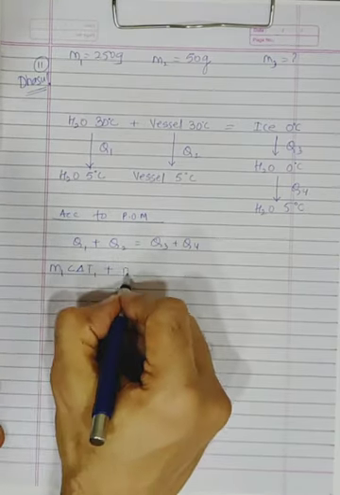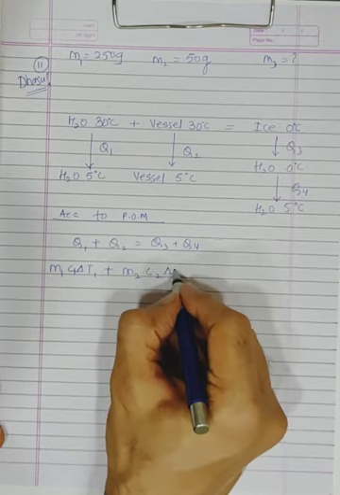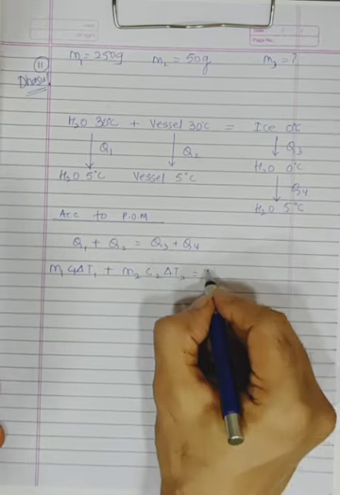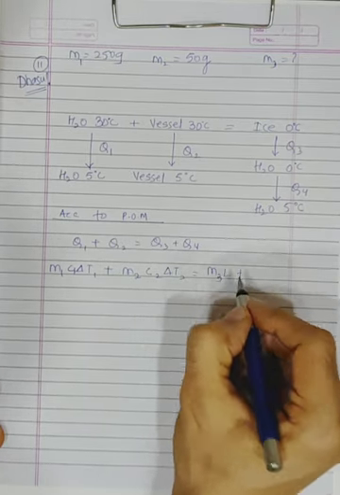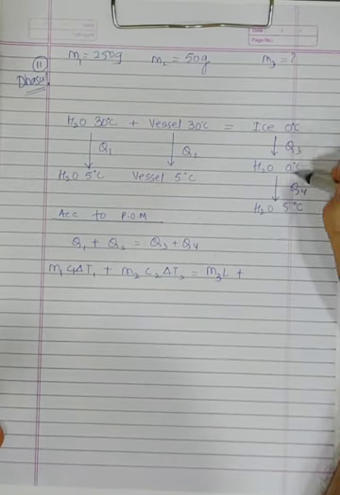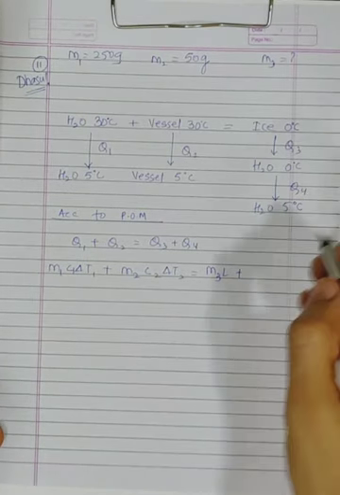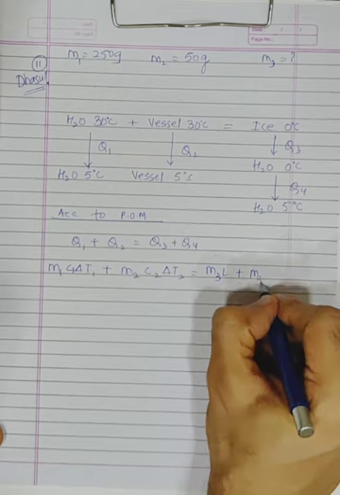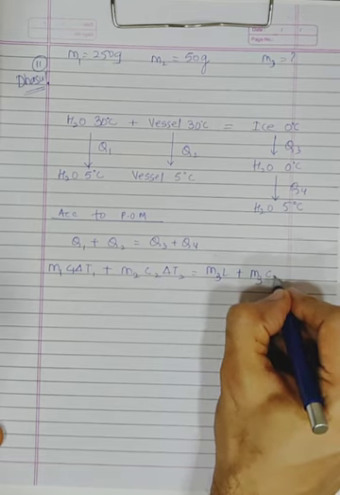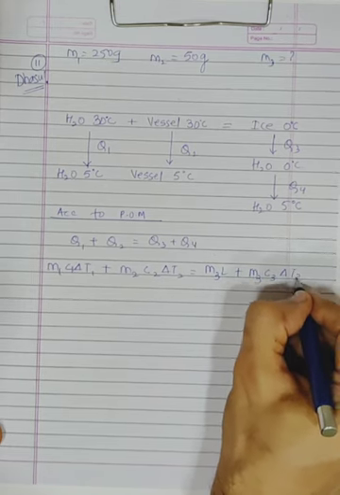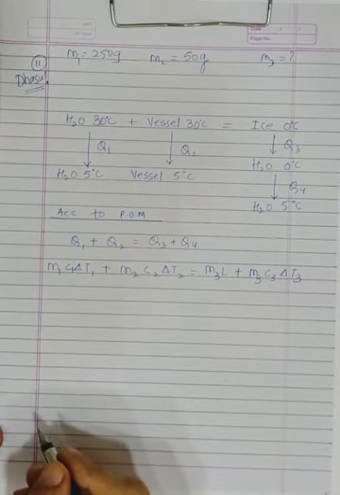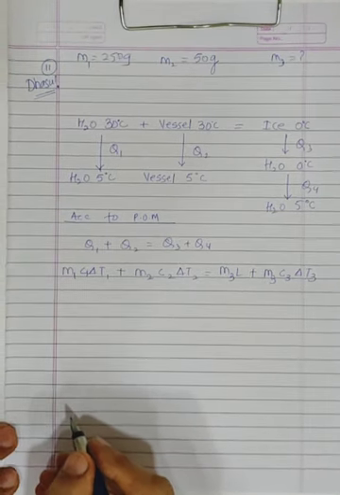M2 C of vessel, delta T2, equal to mL of ice, because ice is melting, plus again what? MC delta T. Now you can start substituting over here.